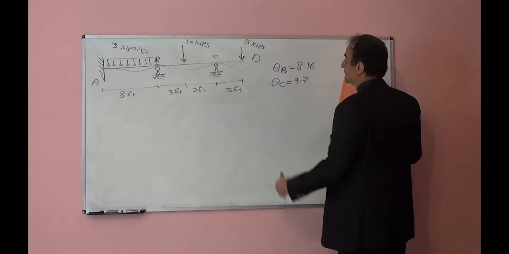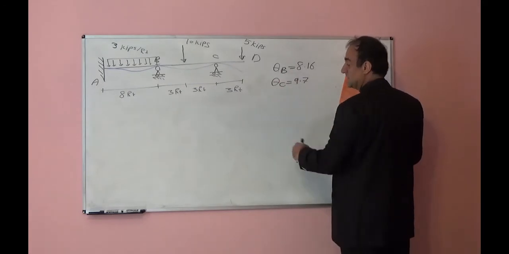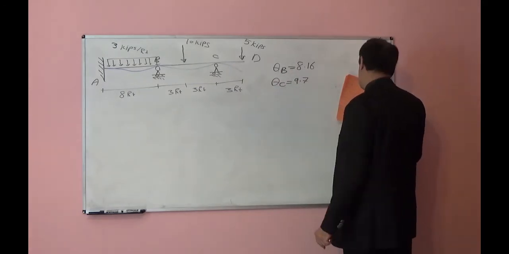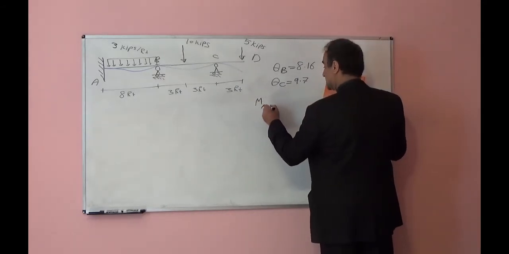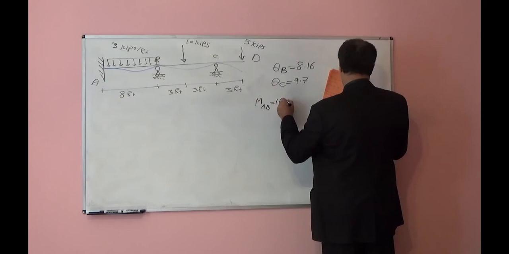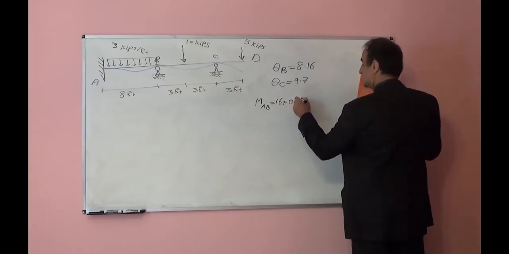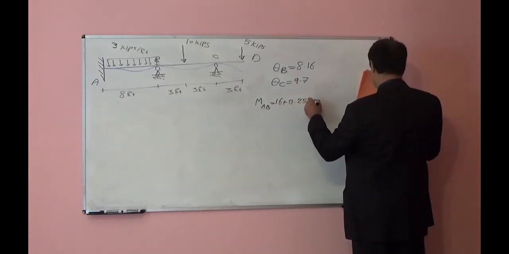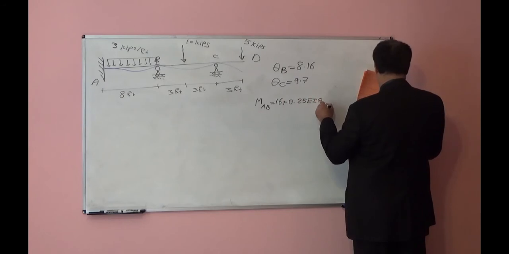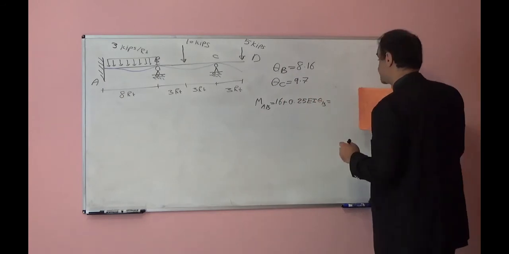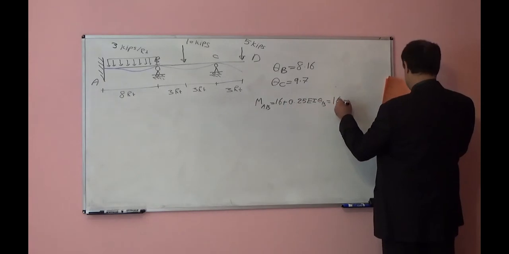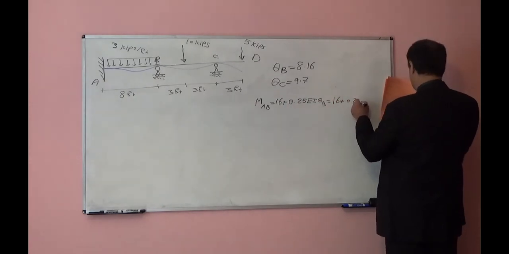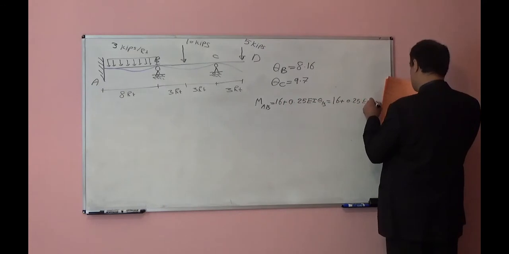Now if I put these theta B and theta C in those slope deflection equations, I will find all moments. M AB was 16 plus 0.25 EI theta B. I will do it for one: 16 plus 0.25 EI.